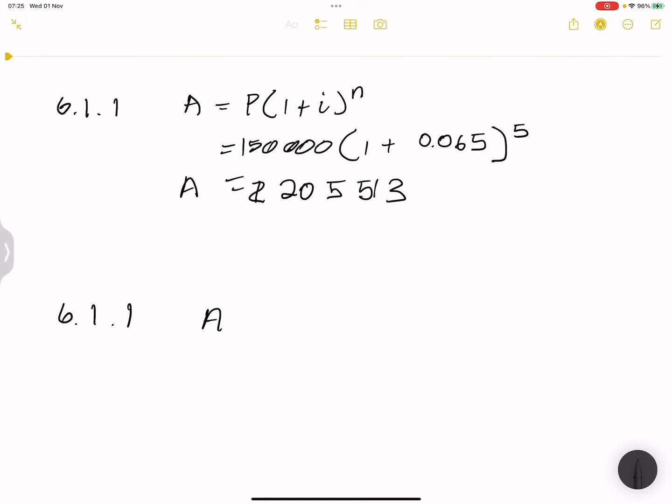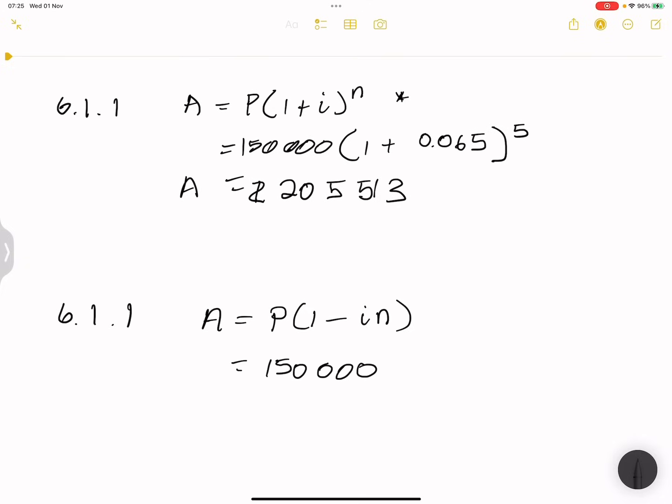So we're going to say A = P(1 - i × n). Remember, if it was on a reducing balance method, it looks like this formula, only with a minus sign.